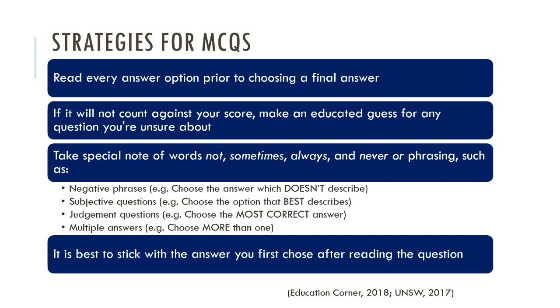Choose the option that best describes. Choose the most correct answer. Choose more than one. Right. So take note of these words that can cause confusion. Right. It is best to stick with the answer you first chose after reading the question.